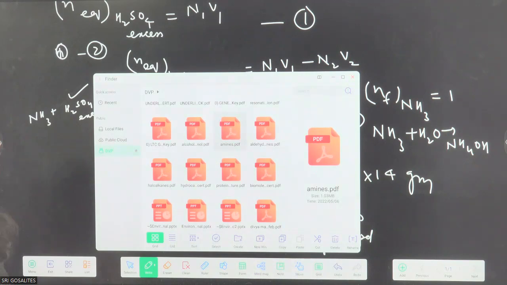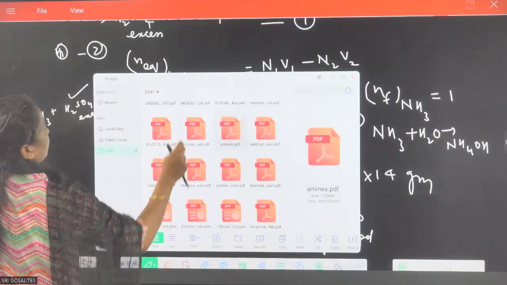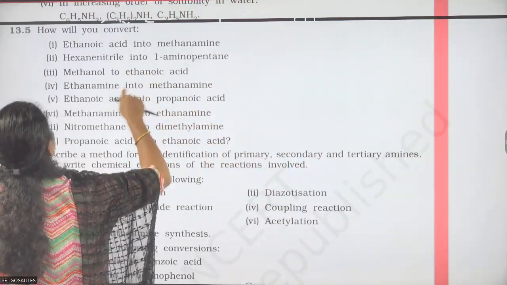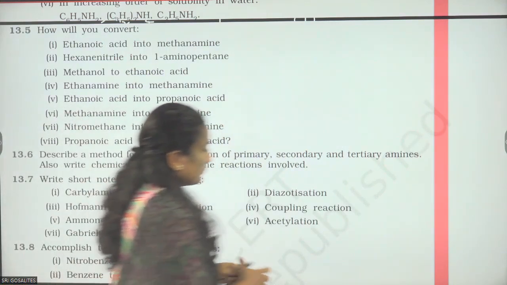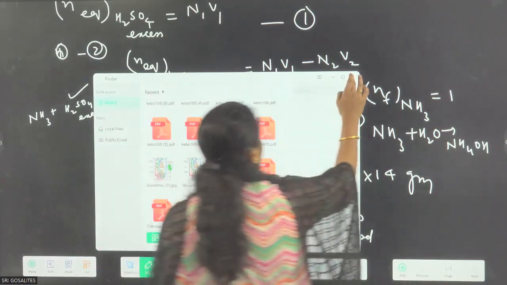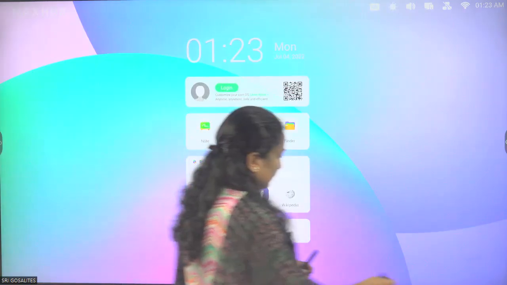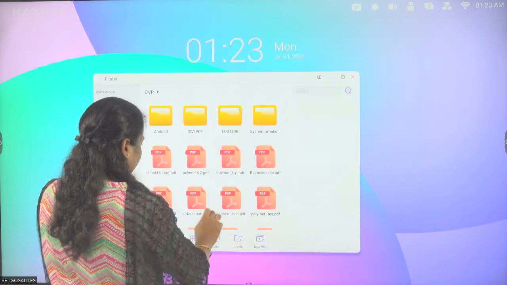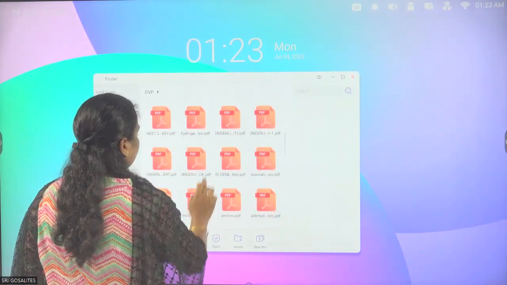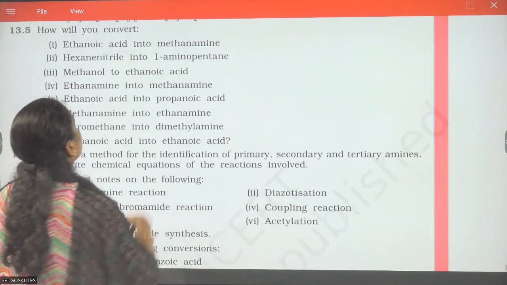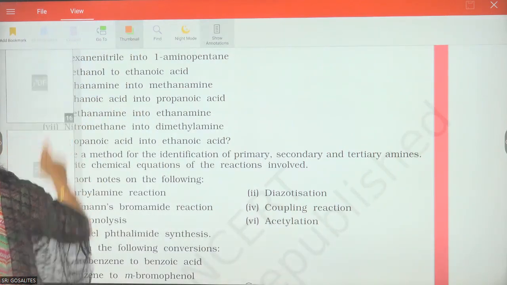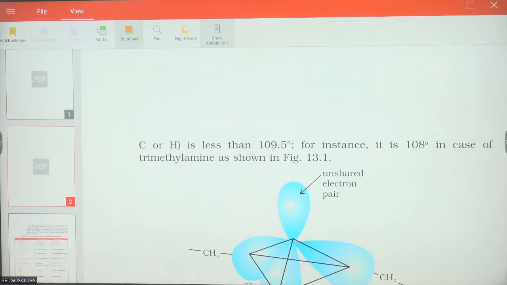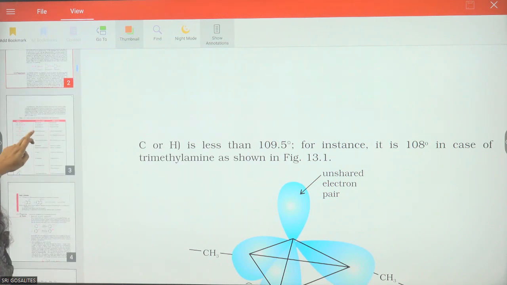Now let us quickly see the amines portion here. When it comes to amines also, make sure that you are revising this particular naming table.